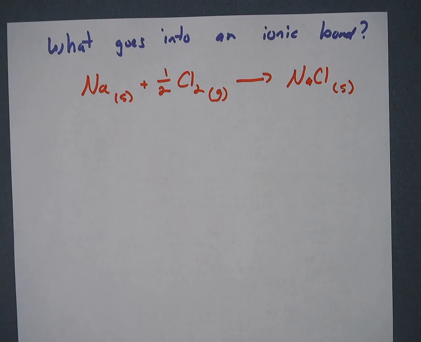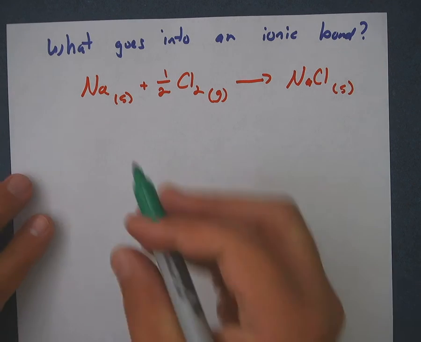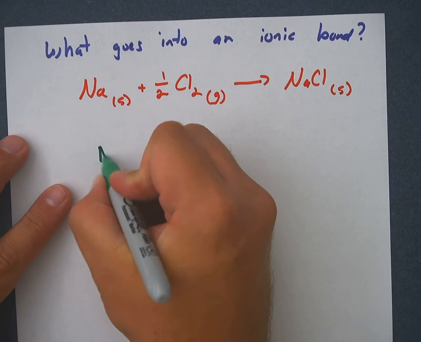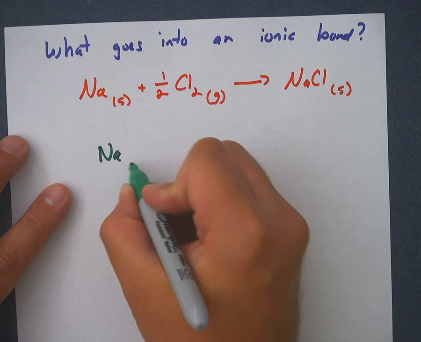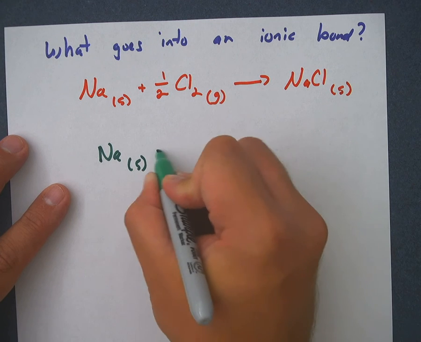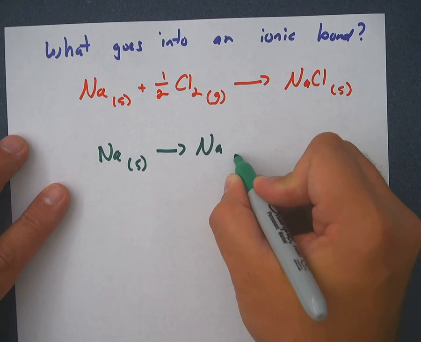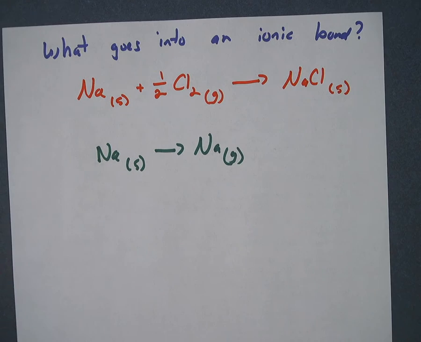Now, for this to actually occur, there are 5 little steps that happen along the way, and I'll do each step in a separate color. The first step is that the sodium solid has to turn into sodium gas.